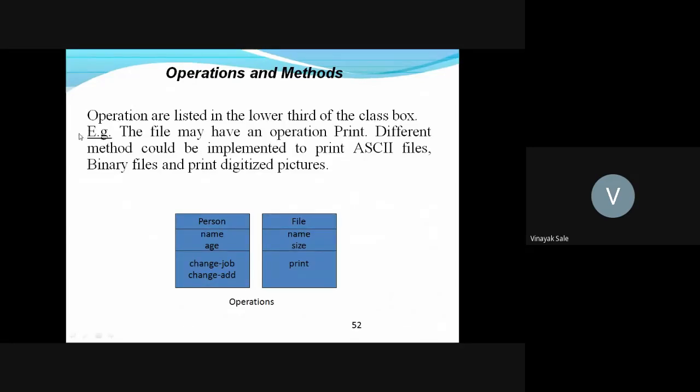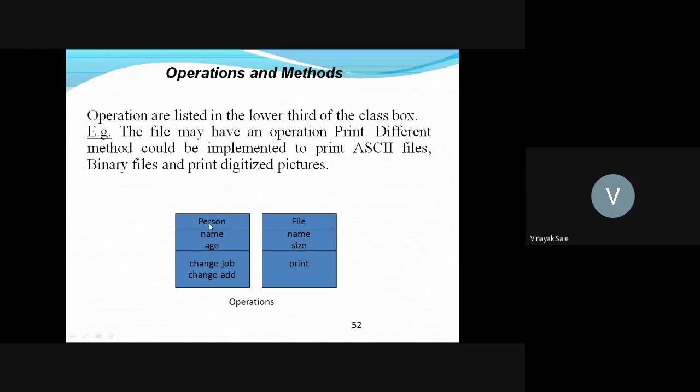So, operation and method. Operations are listed in the lower third of the class box. First the name of the class, second part is attributes, third part is operations. For example, a file may have the operation print. Different methods could be implemented to print ASCII files, binary files, and digitized pictures.